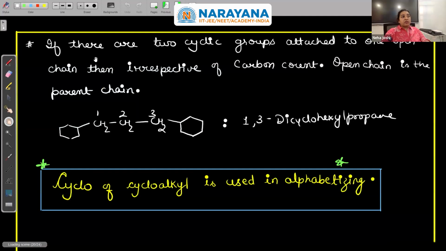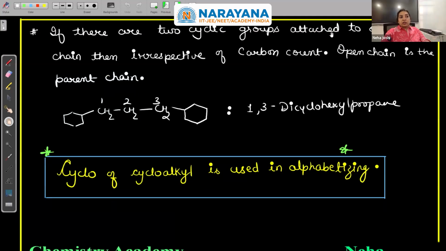Coming to the next point, if there are 2 cyclic groups attached to one open chain, then irrespective of the carbon count, the open chain always becomes the parent. 1, 2, 3. So I have 2 substituents. So 1,3-dicyclohexyl propane.